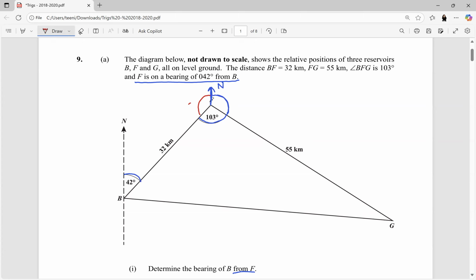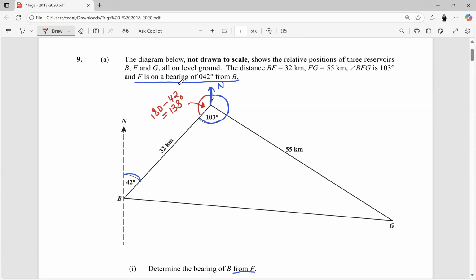So this angle on the outside is equal to 180 take away 42, which gives me 138 degrees. So this angle on the outside here plus 42 gives me 180. So therefore, this angle, which I'm interested in finding, is 138 degrees.